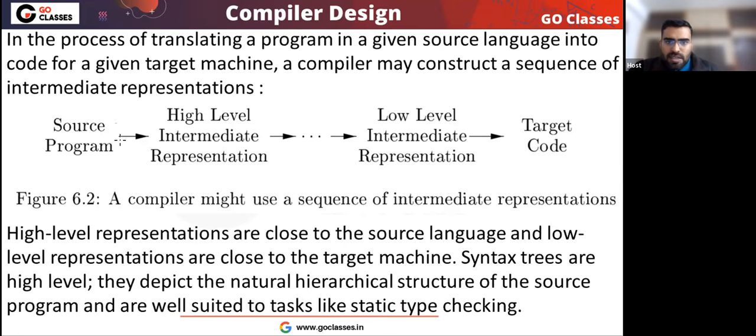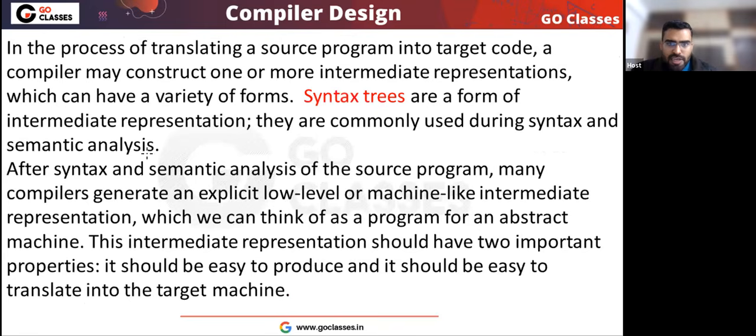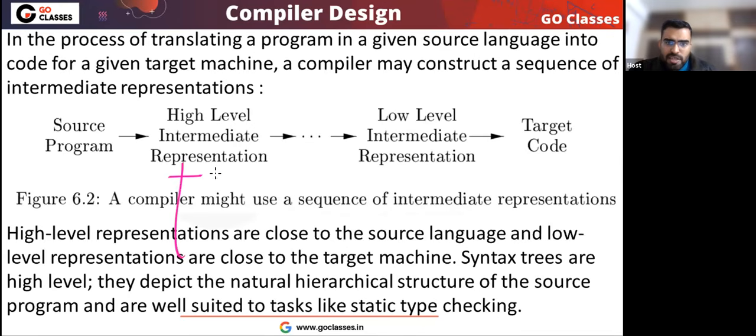There is a small difference between parse tree and syntax tree, which I will make clear. But from the source program, you create a high-level intermediate representation. Some high-level intermediate representations are abstract syntax tree and parse tree. These are the high-level intermediate representations. And what are the low-level intermediate representations?